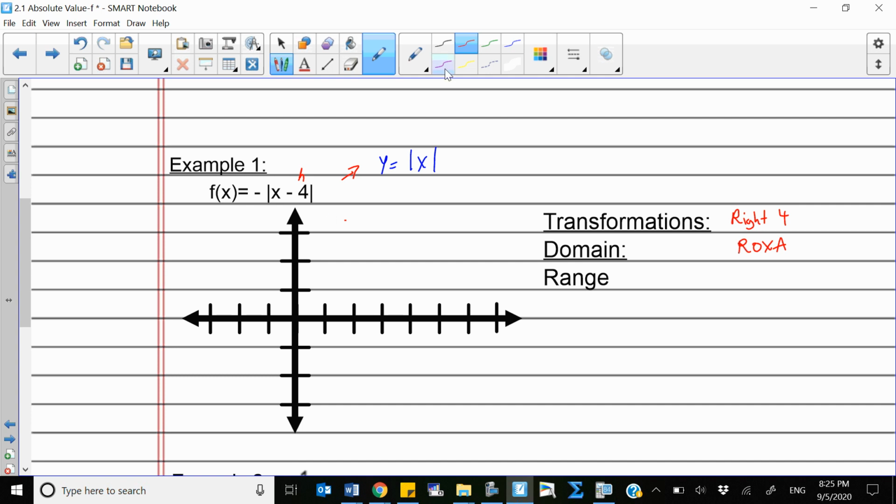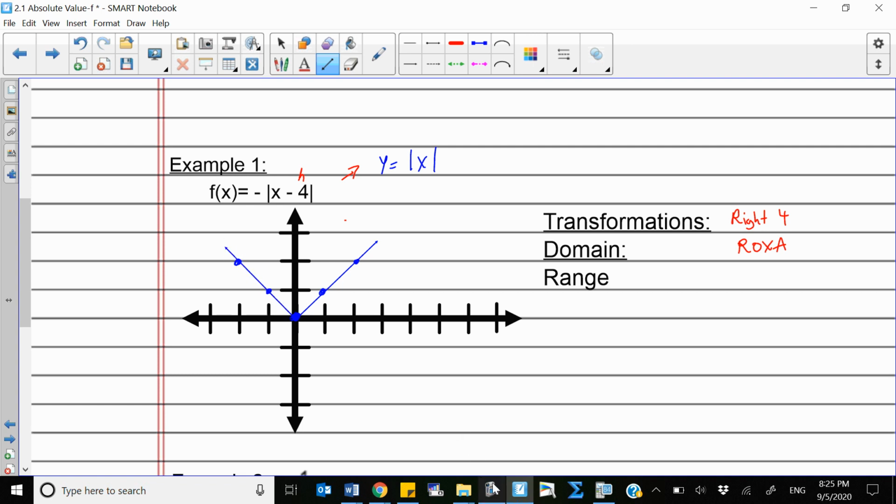So I'm going to start graphing the function first. We know that the parent function looks like this, passes through 0 and 0, 1 and 1, as we did before, 2 and 2, negative 1 and 1, negative 2 and 2, and then the graph is going to look like this.